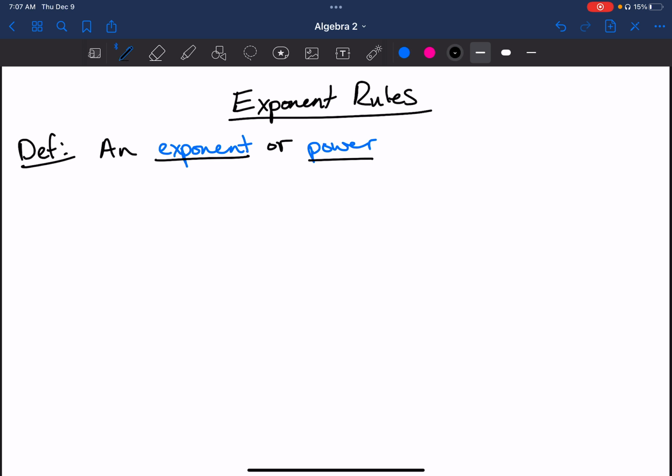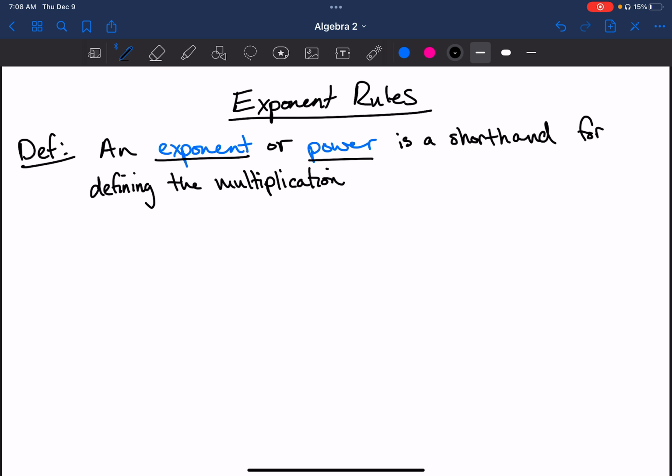An exponent or power is a shorthand for defining the multiplication of a value times itself, and I'm going to use this phrasing, n times. Okay, definition: an exponent or a power is a shorthand for defining the multiplication of a value times itself n times.